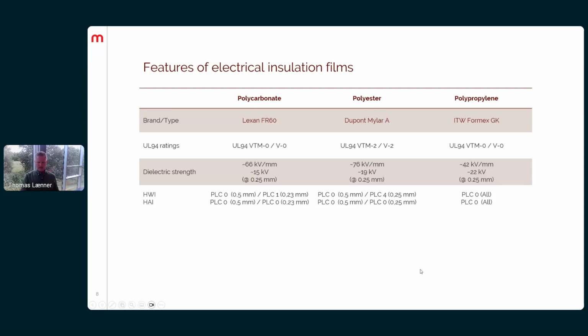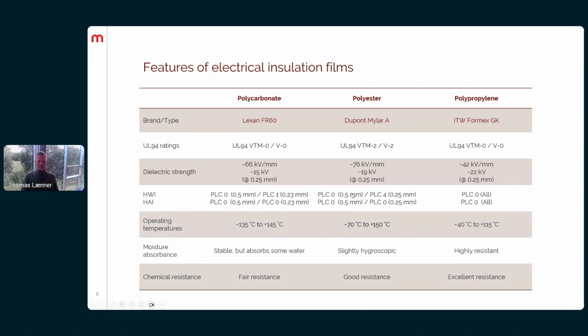But we can also look at 3 other parameters here: operating temperature, moisture absorbance, and chemical resistance. As you can see here, they're pretty similar, but we have the worst temperature performance on the polypropylene, where it only goes from -40 to +115, whereas the polycarbonate definitely has the best performance when it comes to operating temperatures.